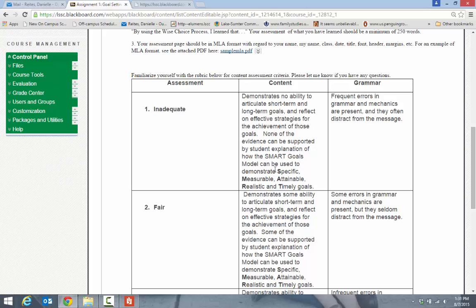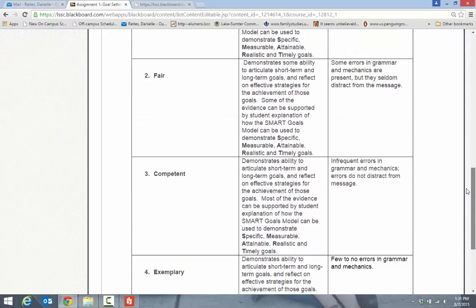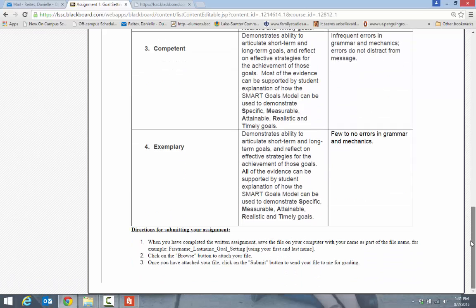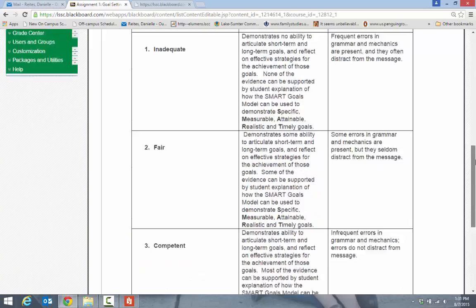Can I tell that you have articulated SMART goals, that you use the terms short and long-term goals, you have an effective strategy, you use specific details, and then the grammar is just basic grammar and mechanics being evaluated there. And finally, it shows you how to upload the file to Blackboard for grading.